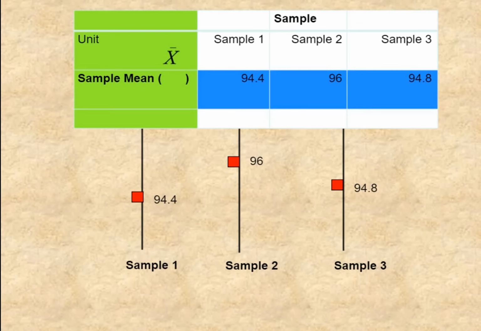For sample 1, we can draw an axis right here, and we mark 94.4 here. Sample 2, we mark 96 here. Sample 3, we mark 94.8 here. Basically, this vertical line is the axis.